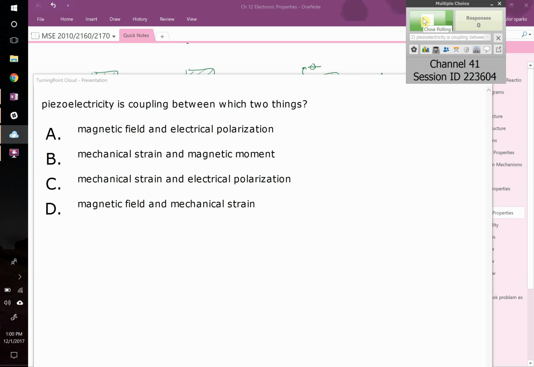All right, next one. Piezoelectricity is coupling between which two things? A, magnetic field and electrical polarization? B, mechanical strain and magnetic moment? C, mechanical strain and electrical polarization? Or D, magnetic field and mechanical strain?